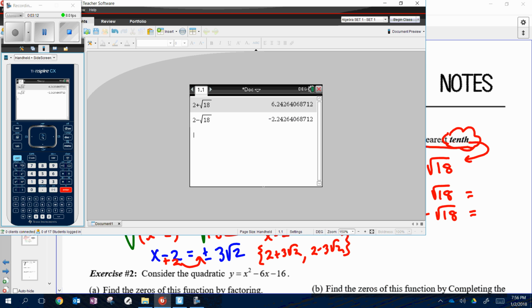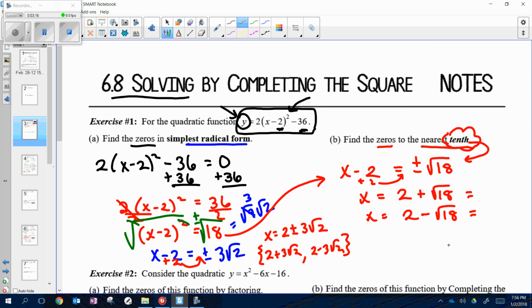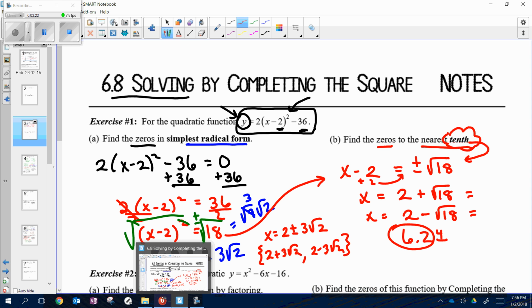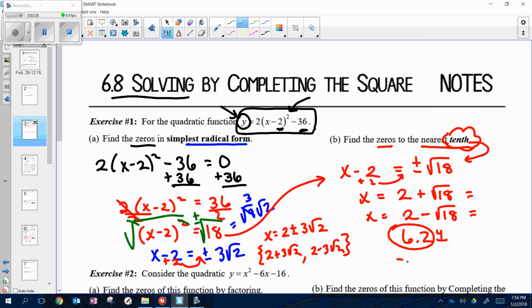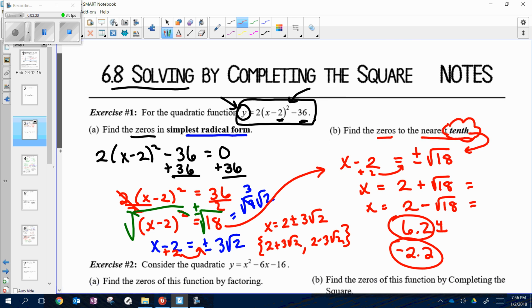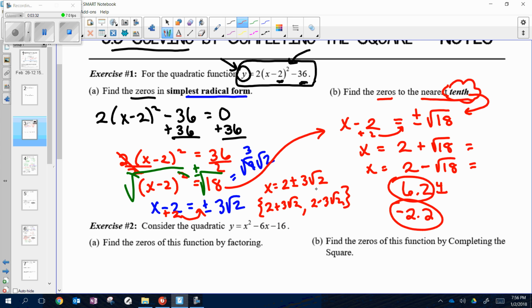So my two decimals to the nearest tenth will be 6.2. It's 6.24, so 6.2. The 4 doesn't make that go up. And negative 2.2, negative 2.24 to the nearest tenth. If I had typed in 2 plus or minus 3 rad 2, I would have gotten the same two decimals that I got that way.